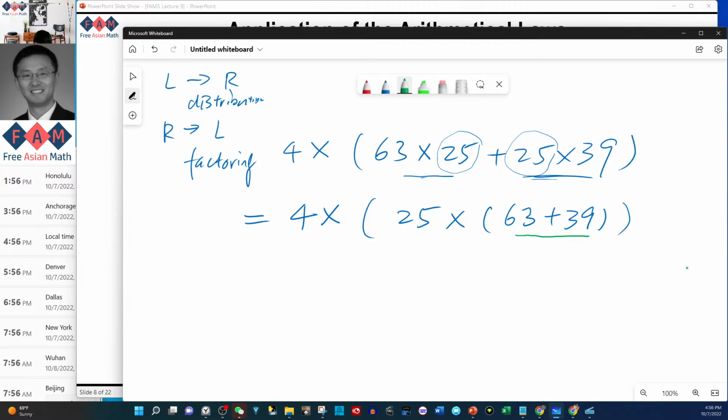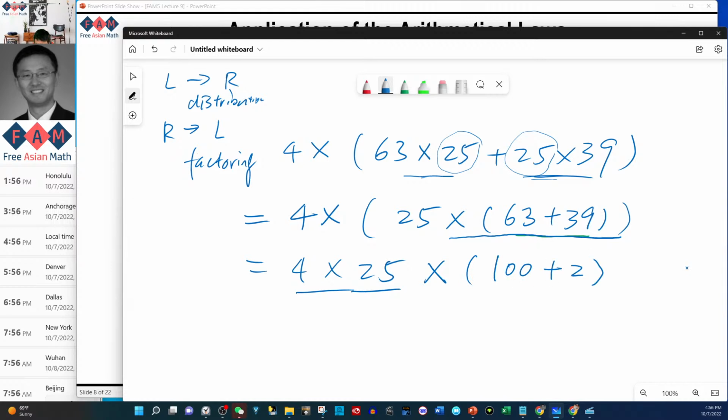So now we can rewrite this as 4 times, because of the associative law, we can first group 4 and 25 together, and this whole thing will be the second multiplicand, and this can be written as 100 plus 2. Okay? Why? Because 63 plus 39 is not exactly 100, but just a little bit higher. 2 larger than 100.